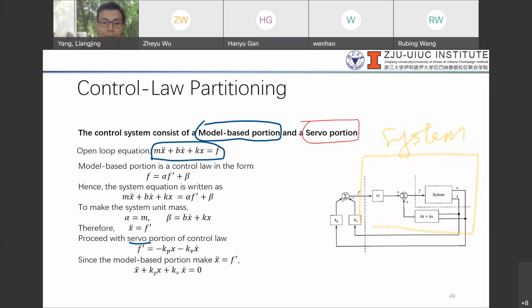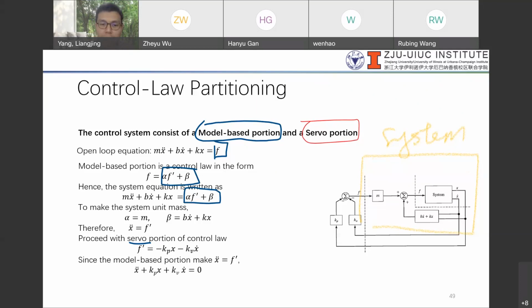So let's say you substitute this into your equation. This part here will just be alpha f prime plus beta.